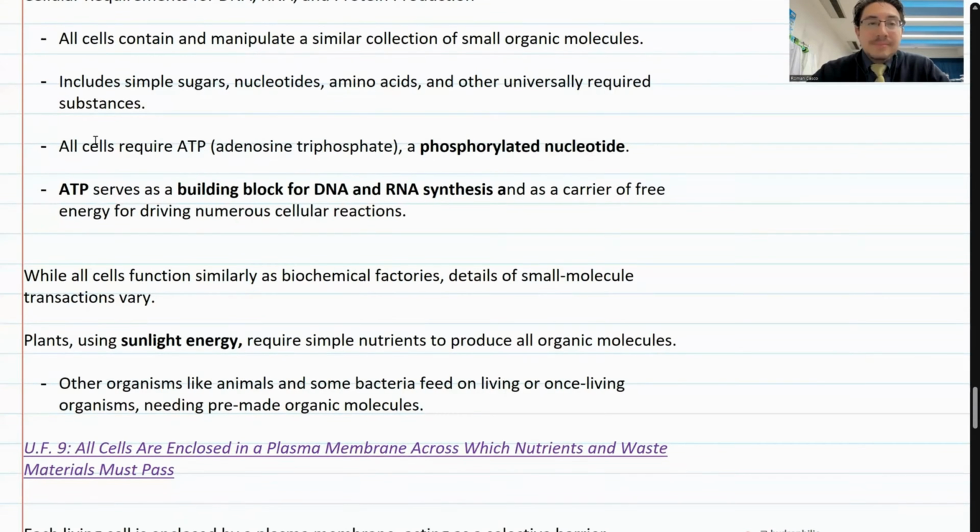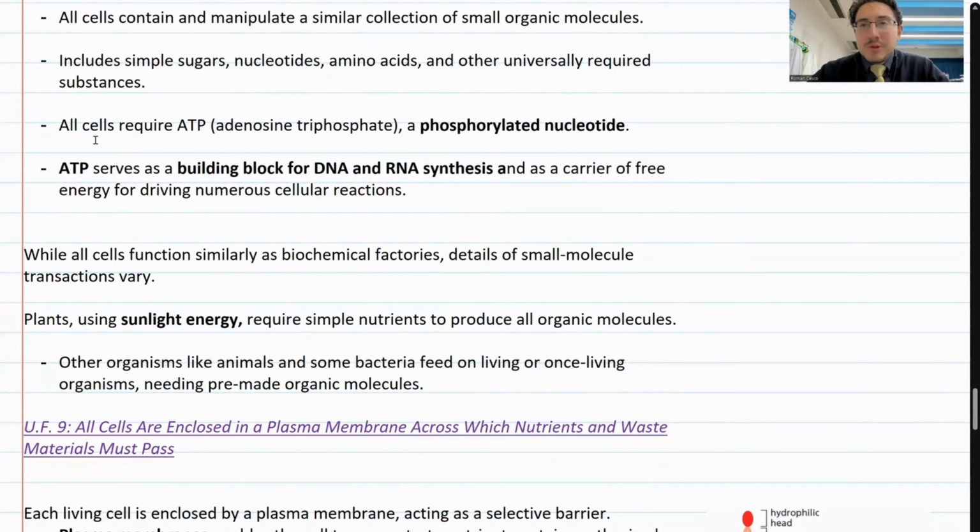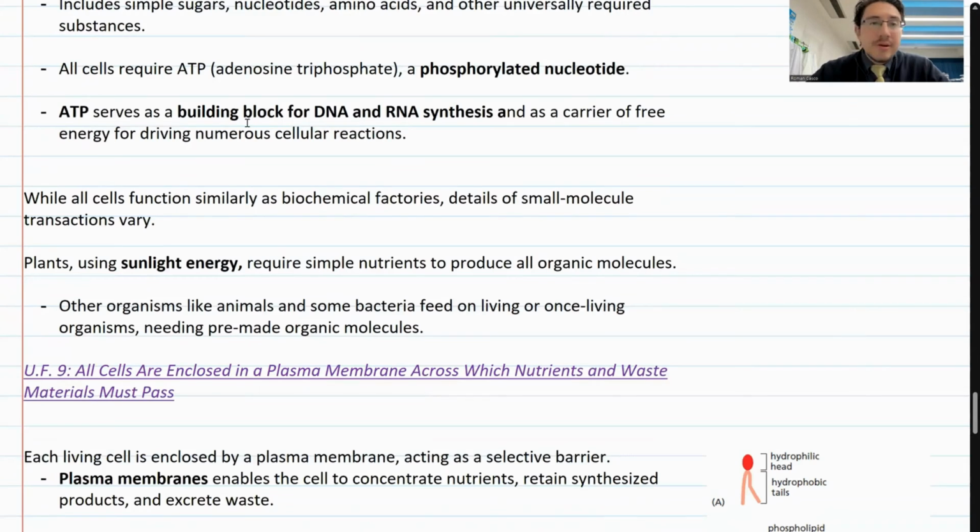And ultimately, to do even these things, you need to be able to take in material, contain material, and manipulate raw material, more specifically small organic molecules: sugars, nucleotides, amino acids, moving around, even water and solvents, necessary to be able to thrive.